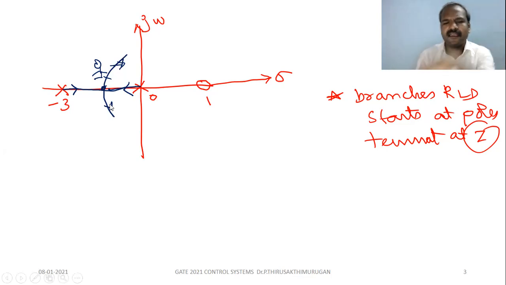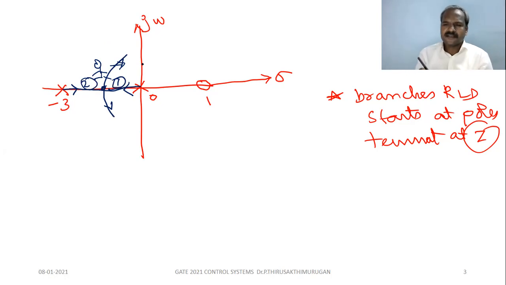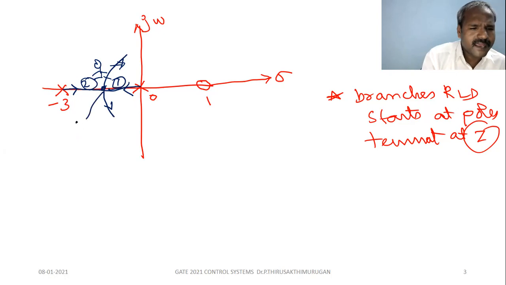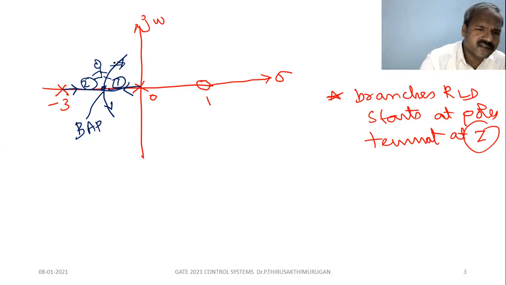Among the two branches, one terminates at the zero and the other at infinity. This point is called the breakaway point, lying between 0 and -3, and the branches move to either side.